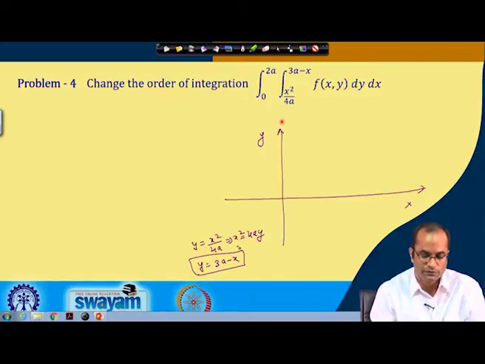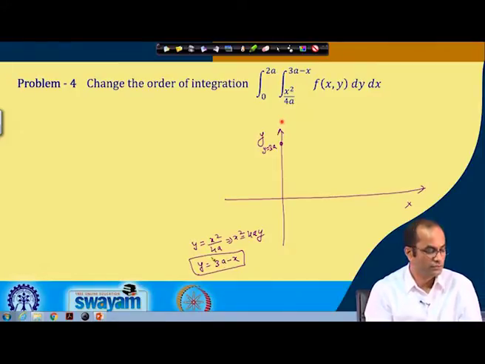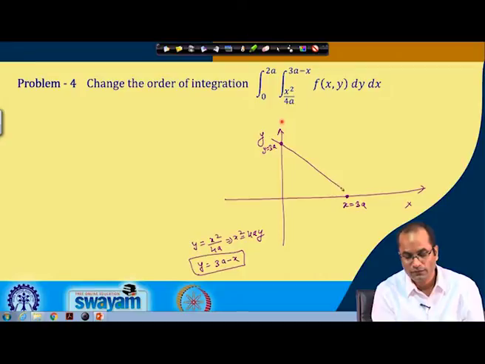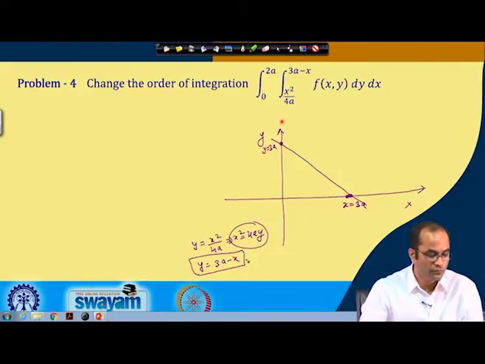So, let us draw first this line. When x is 0, y is equal to 3a, and when y is 0, x is 3a. So, here x is equal to 3a. This is the line, and now we have x square is equal to 4ay.